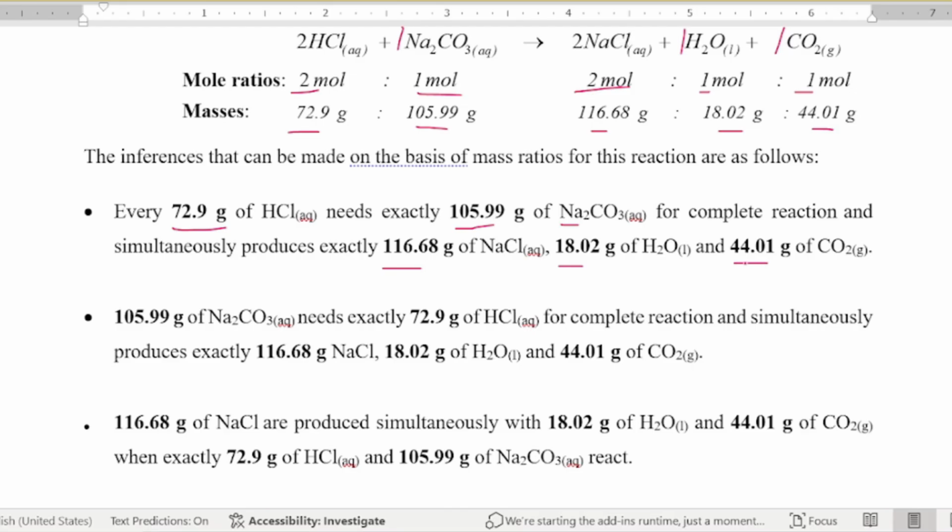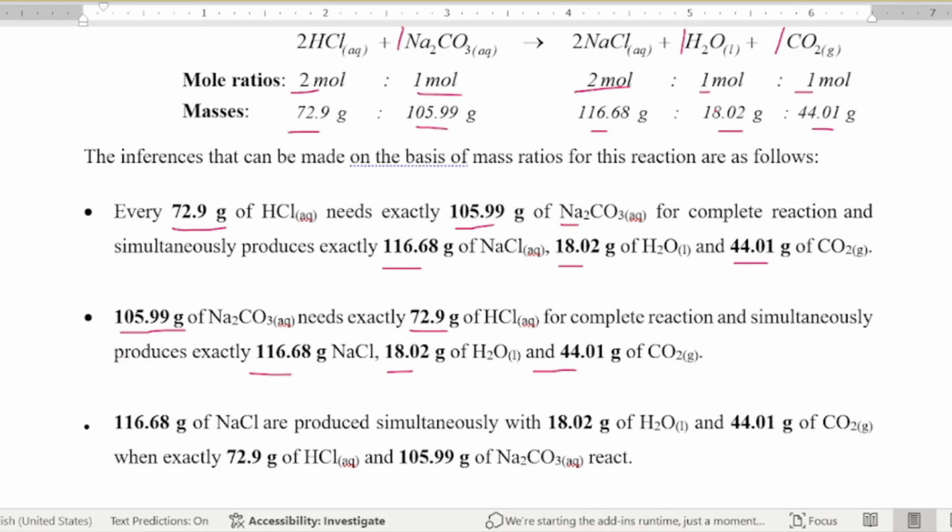From the perspective of sodium carbonate now, you can say that that mass of sodium carbonate needs exactly that mass of HCl for complete reaction, and these are simultaneously produced, like we said before, these masses of sodium chloride, water, and carbon dioxide.